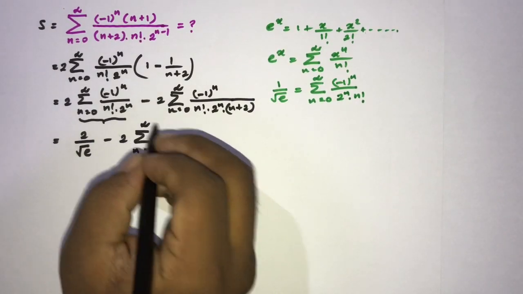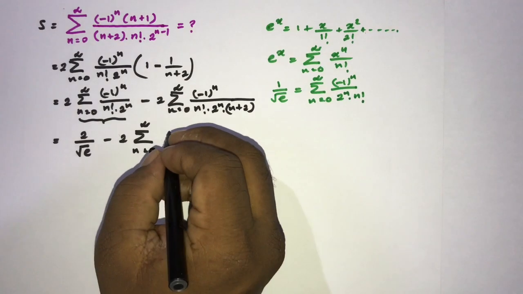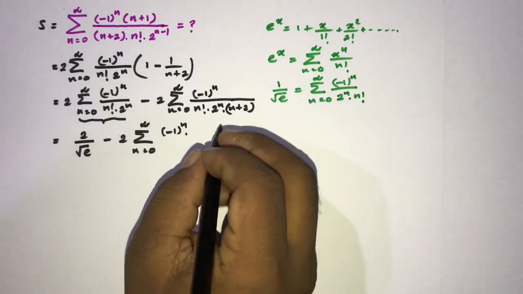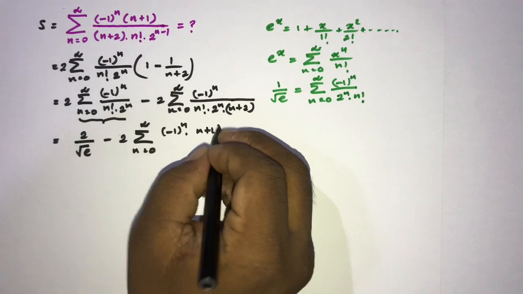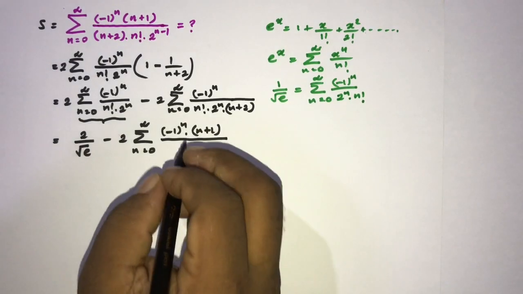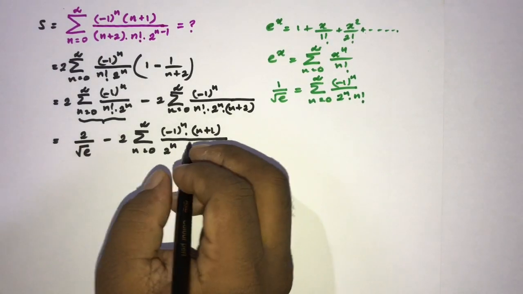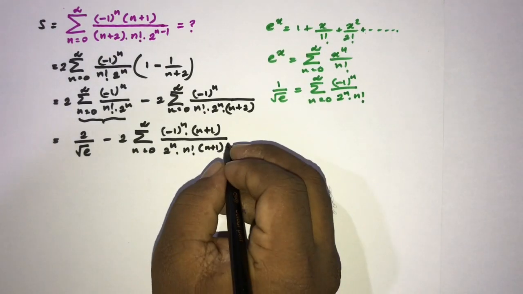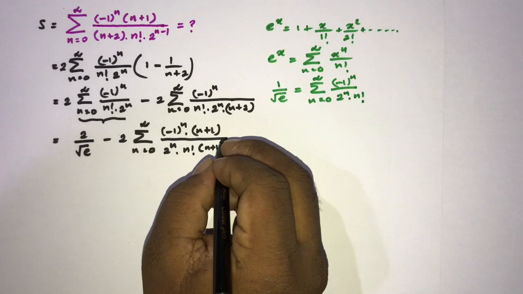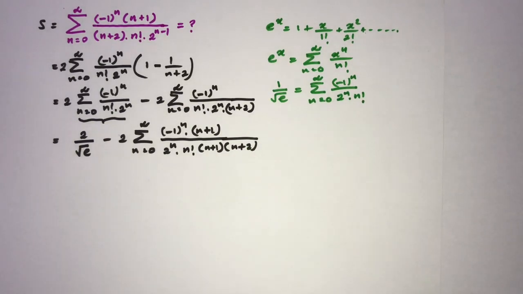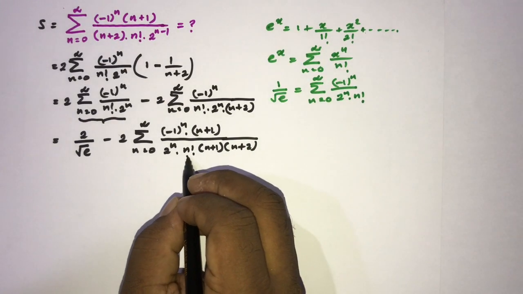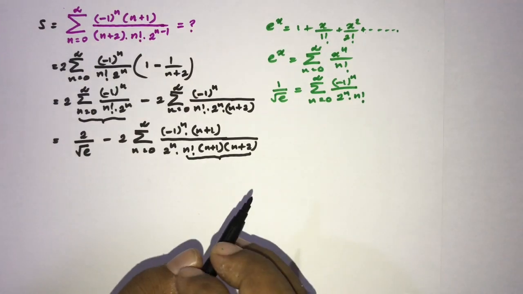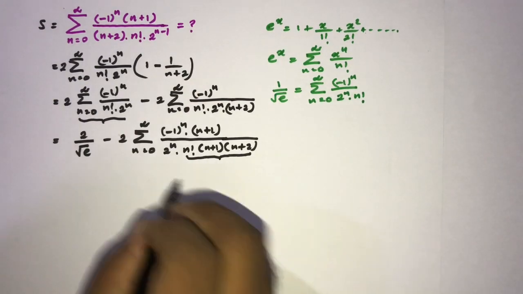times the infinite sum from 0 to infinity of minus 1 to the n power. Now I am going to multiply by n plus 1, and also we should divide by n plus 1. So here n factorial, n plus 1 times n plus 2. Okay, then we know n factorial times n plus 1 times n plus 2 is equal to n plus 2 factorial.